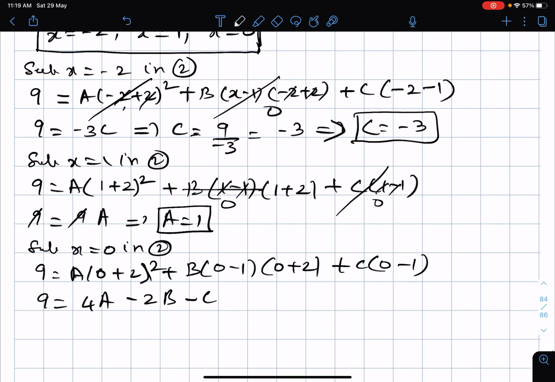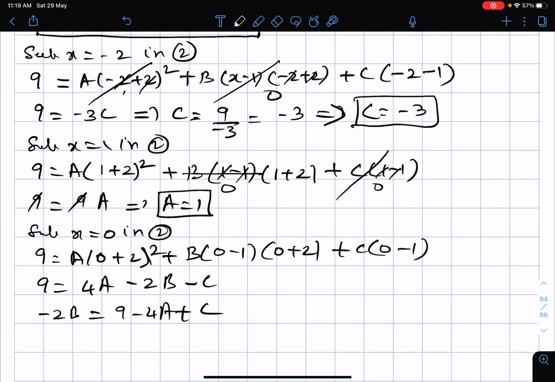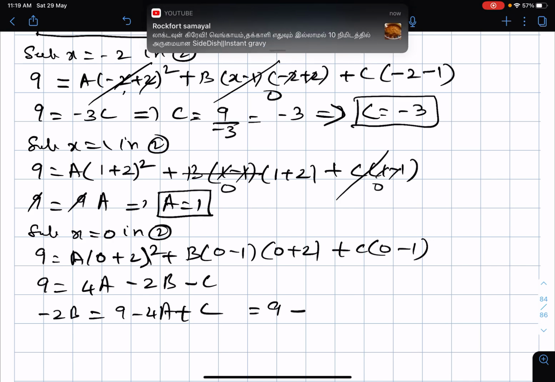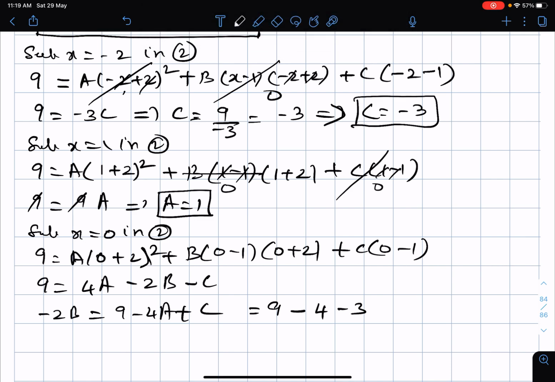For a and c we know the answer, so keeping b aside, you take the other things across: minus 2b equals 9 minus 4a plus c. So 9, a is 1, so minus 4, and c is minus 3, so minus 3. Minus 4 minus 3 gives you minus 7, and 9 minus 7 gives you 2. So minus 2b equals 2, therefore b equals minus 1.